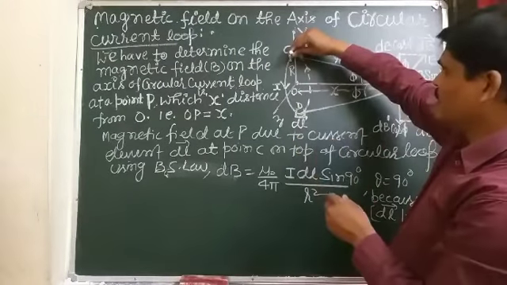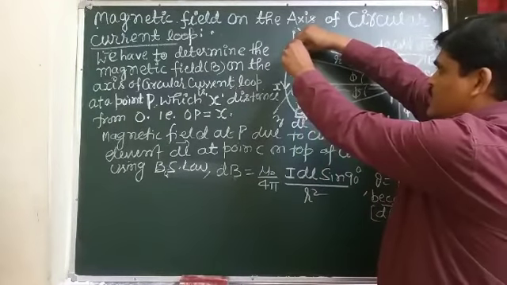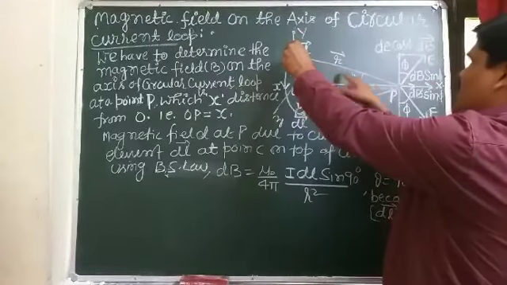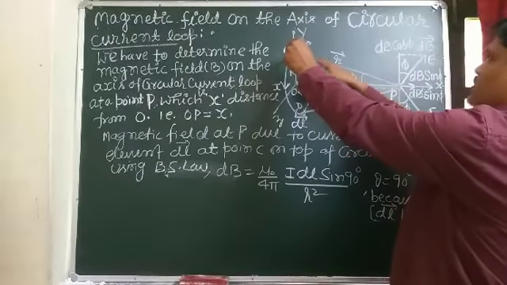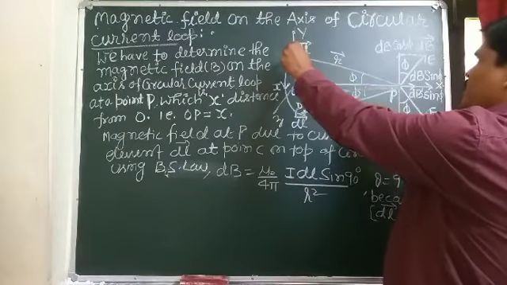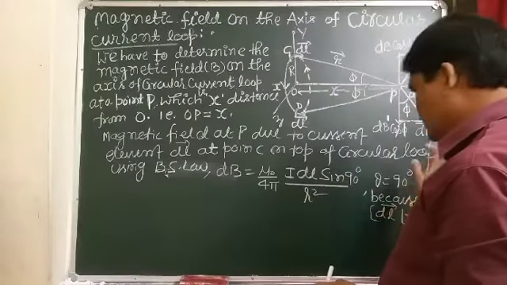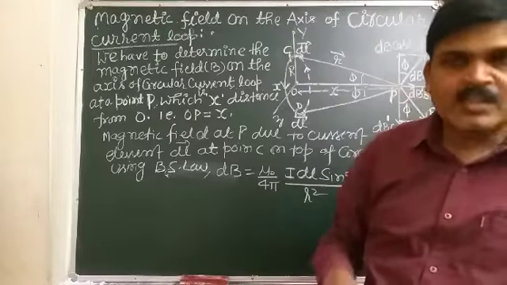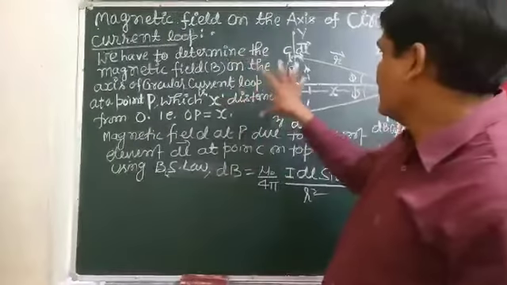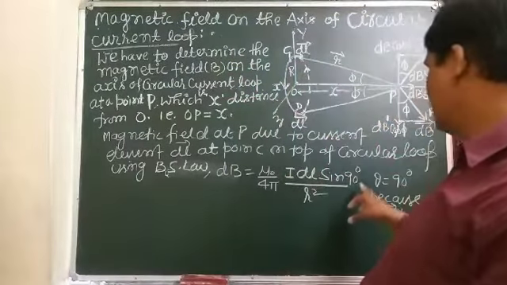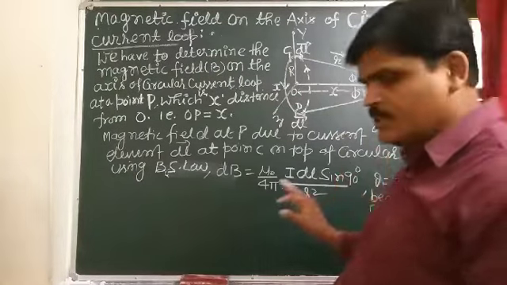So if you draw a tangent on this dl vector, then dl and this r make 90 degree, so theta equals 90 degree.